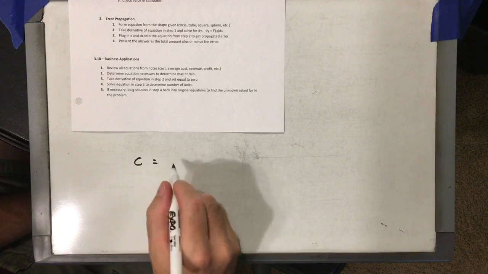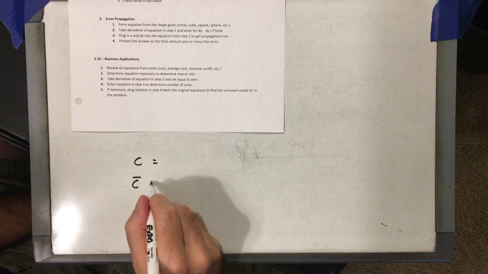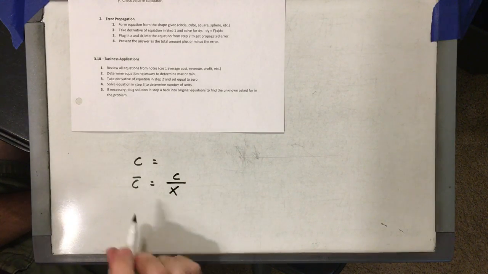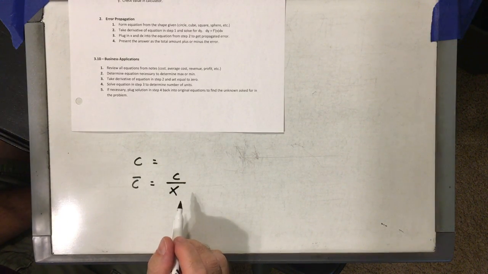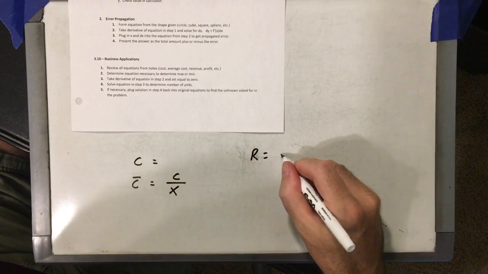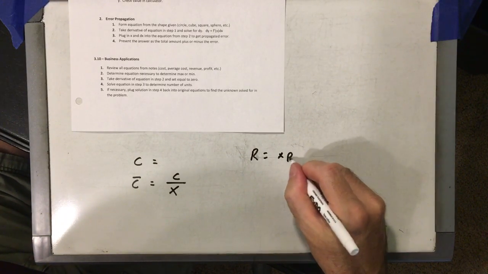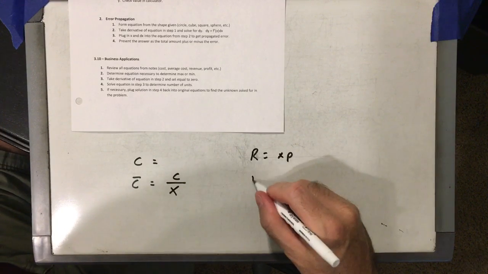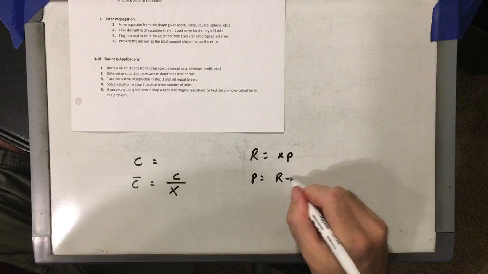And then the average cost, you're going to take the cost equation, divide every term by x. Okay, so you might have to do that. Remember that revenue is equal to x times the price, little p price. Don't confuse little p price with big P profit. Profit is equal to revenue minus cost.